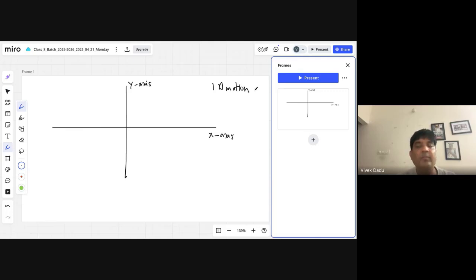Now, when you are doing 1D motion, what is the condition of 1D motion? That you can go only on one line. So a particle executing 1D motion, we either say he is going on X-axis or only on Y-axis, but not both.